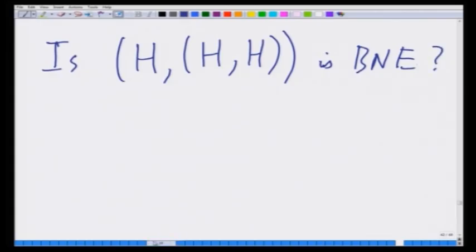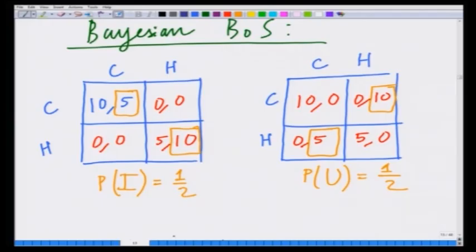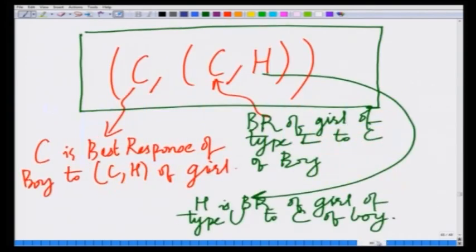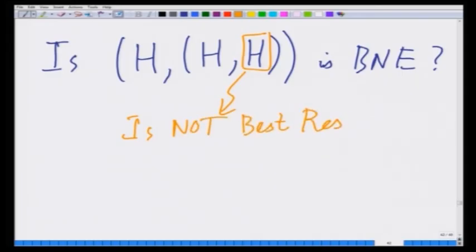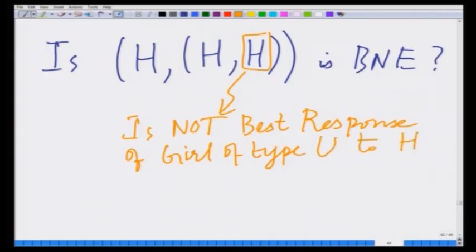Well, again if you go back to the table, you can see that if the boy is choosing H, then H is the best response of the girl of type I, but C is the best response of the girl of type U. Therefore, H is not the best response of the girl of type U to H of the boy.